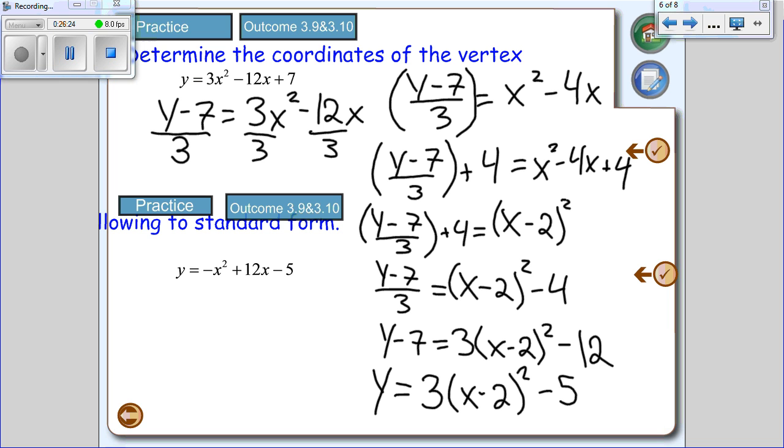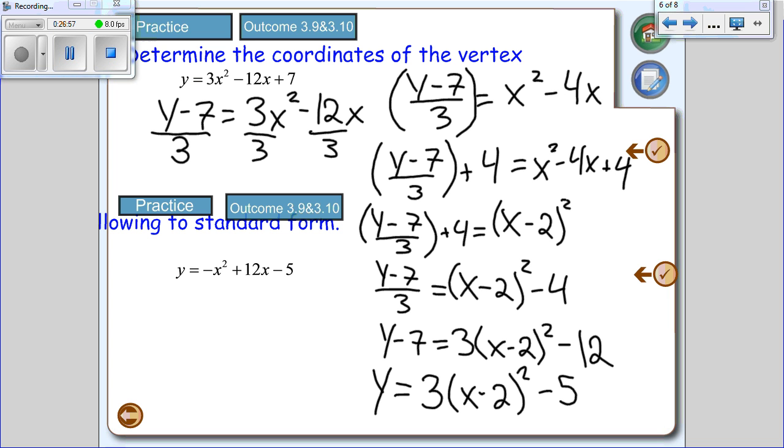We then created our perfect square trinomial by adding the perfect c value, which would be 4. We added 4 to both sides. We noticed that the 4 is not attached to that y minus 7 divided by 3. It's separate from it. We then factored the right-hand side. So x squared minus 4x plus 4 factored is x minus 2 squared.